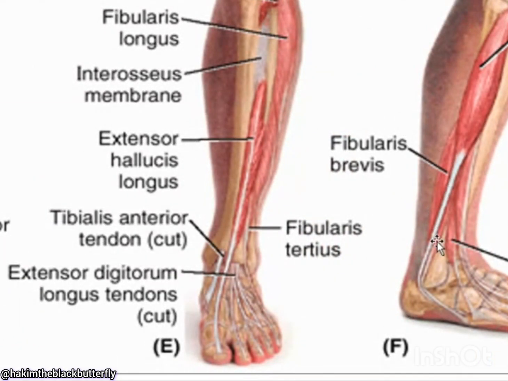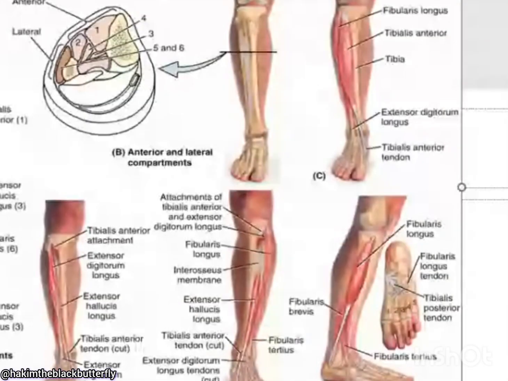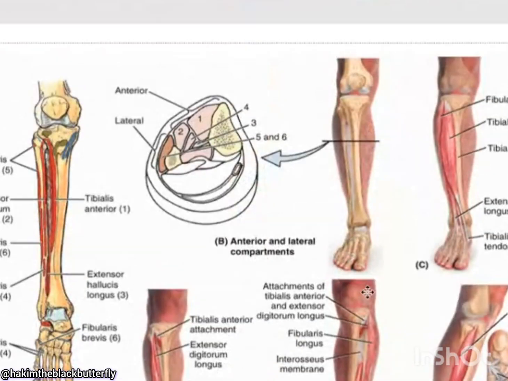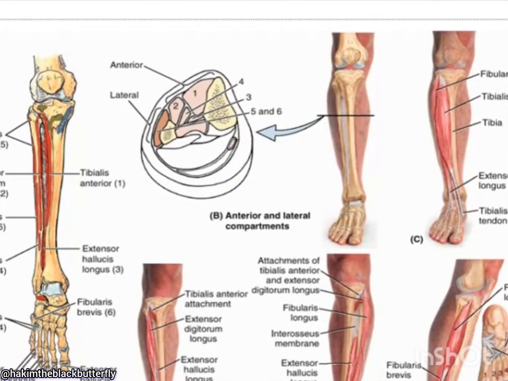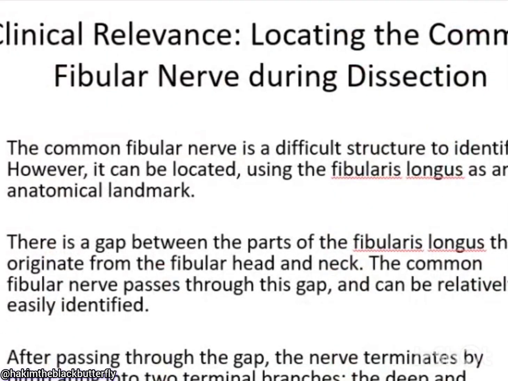Its tendons come deep to that of the longus, and then it comes and inserts at the base of the fifth metatarsal. There's a tubercle there where it inserts. Those are the two muscles of the lateral compartment of the leg. You get more images to help you.